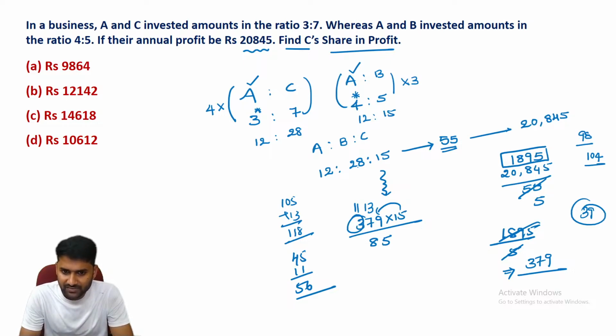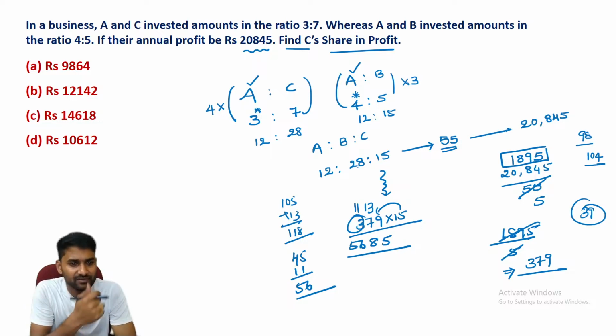We are comparing this way. Total 55 means it's 12, 28 and 15. The sum of those values is 55. So it's a value of 5,685 as the option.